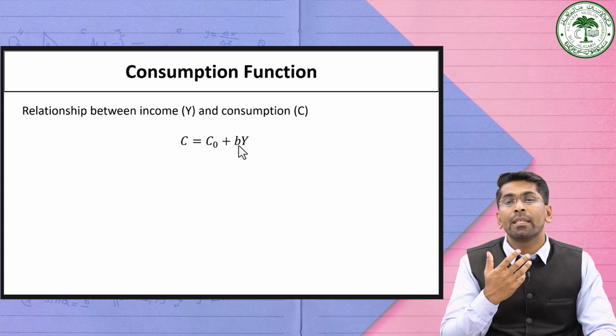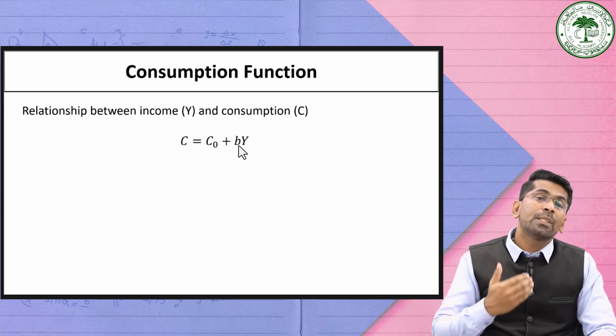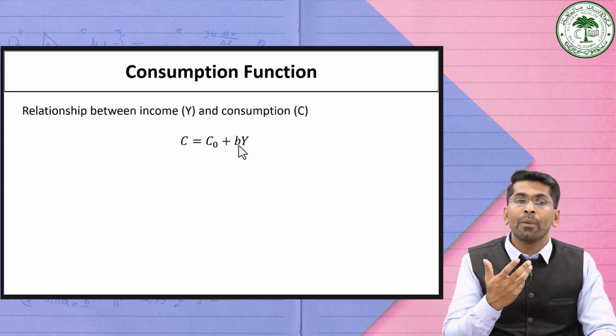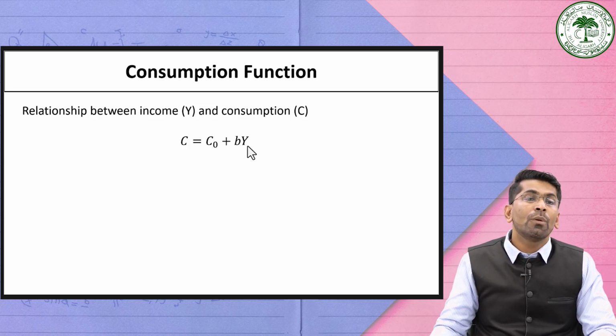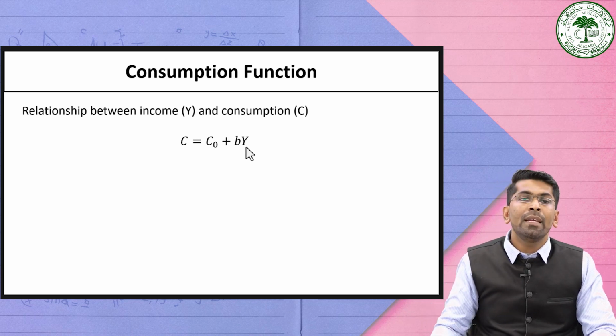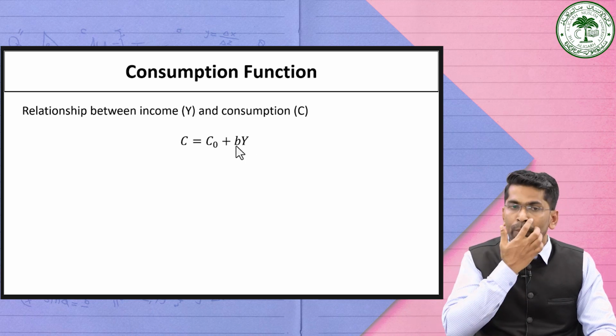In other words, it is the responsiveness of consumption to a change in income, that is, how much proportion of your increased income will be used for consumption. So Y is the level of income and b is the marginal propensity to consume.